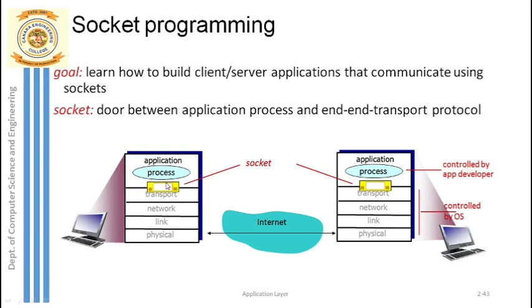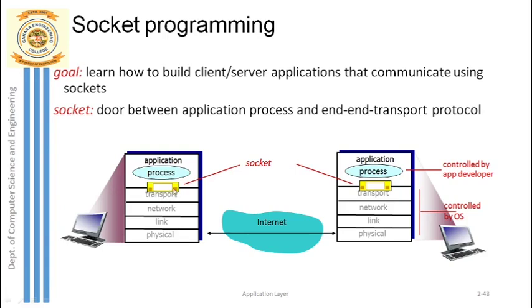And where is the socket residing? It is residing exactly in between the application layer and the transport layer. Every socket has what? A unique port address. Just like your system has a unique IP address, every socket will have a unique port address. Again, is there only one socket available in my system? No, there can be multiple sockets available in my system, and those multiple sockets will have unique port addresses.